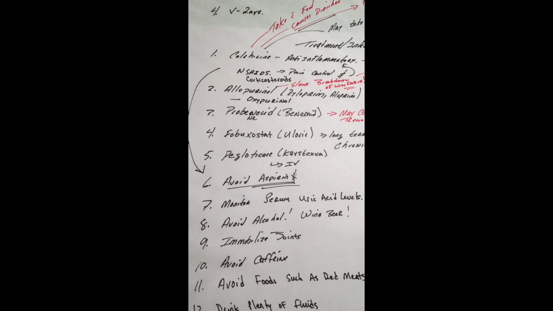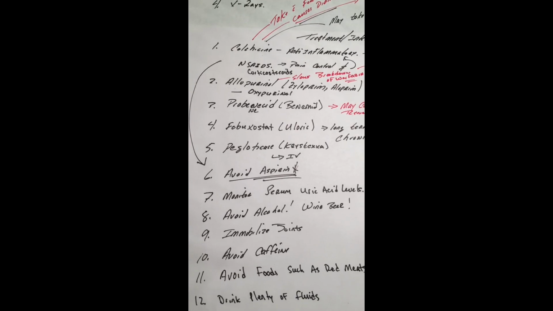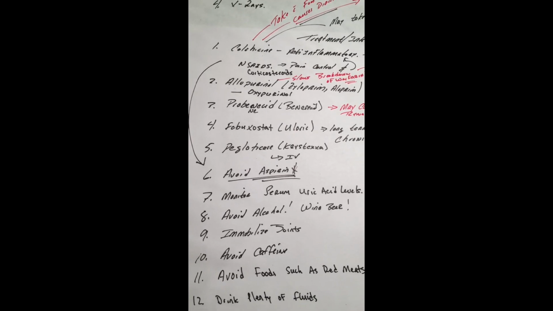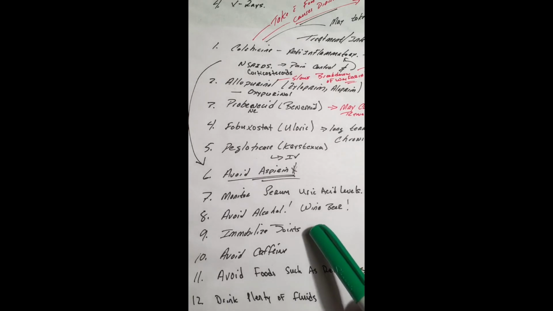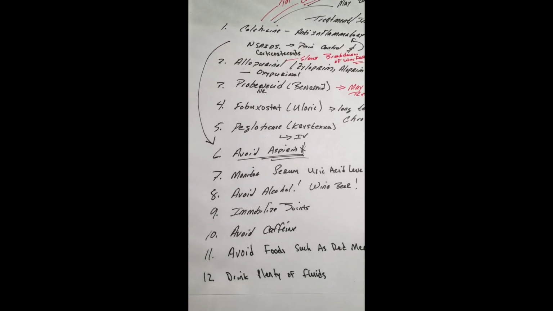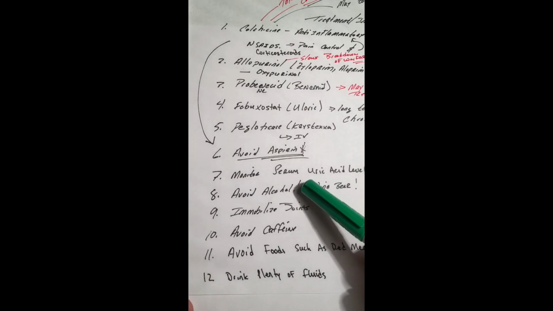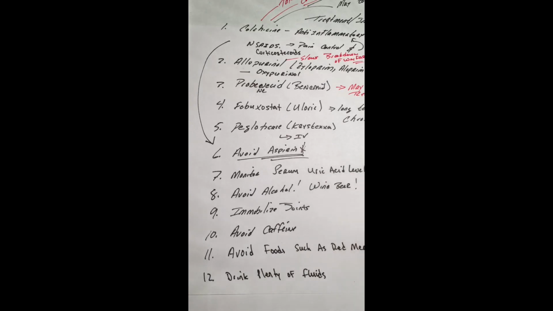And like I mentioned before, we have joint involvement, cartilage damage. So you may actually have to immobilize the joints. Again, preventing contractures. Just like the video talked about, you want to avoid caffeine. Caffeine is going to make you void a lot. And so will alcohol. So you want to avoid both of these things.